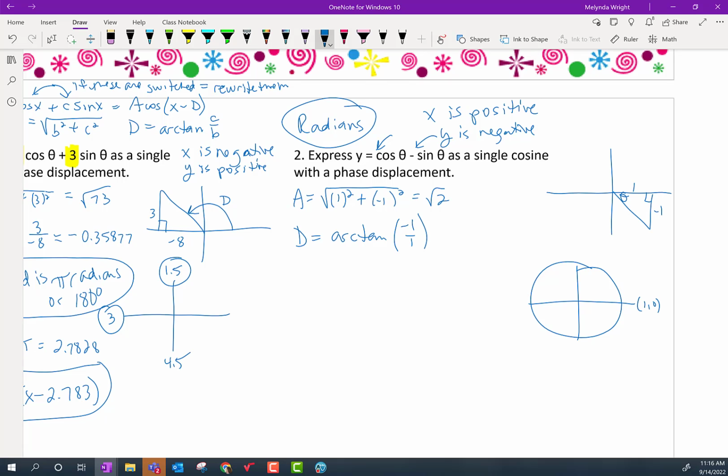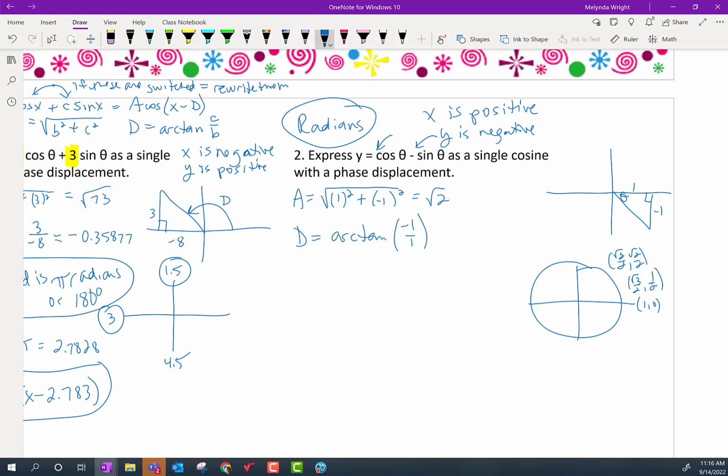So 1 and 0, those are unit circle values. What other unit circle values do we have? We've got root 3 over 2, 1/2. What else do we have? Root 2 over 2, root 2 over 2. And it just keeps going, just different combinations of that. So if your arctangent is of any of those numbers, you do not need a calculator.